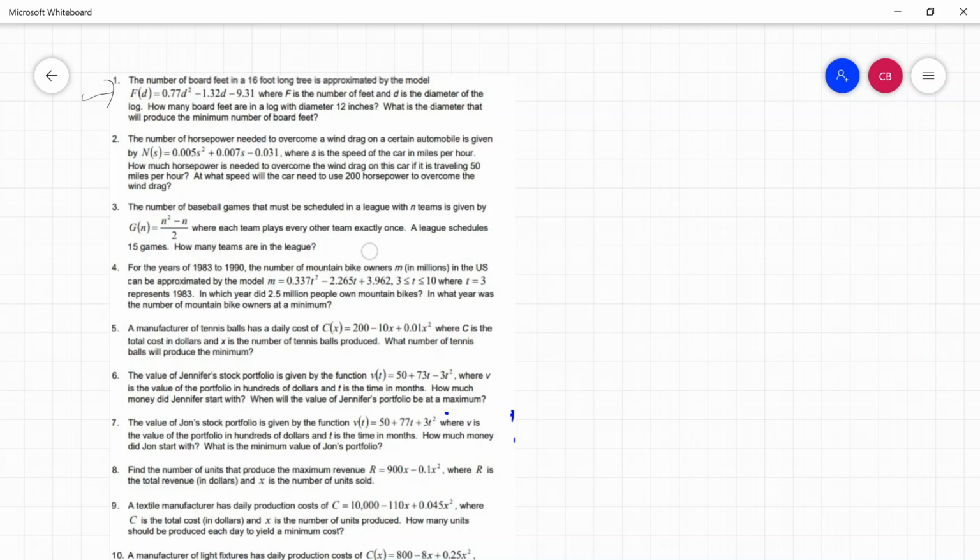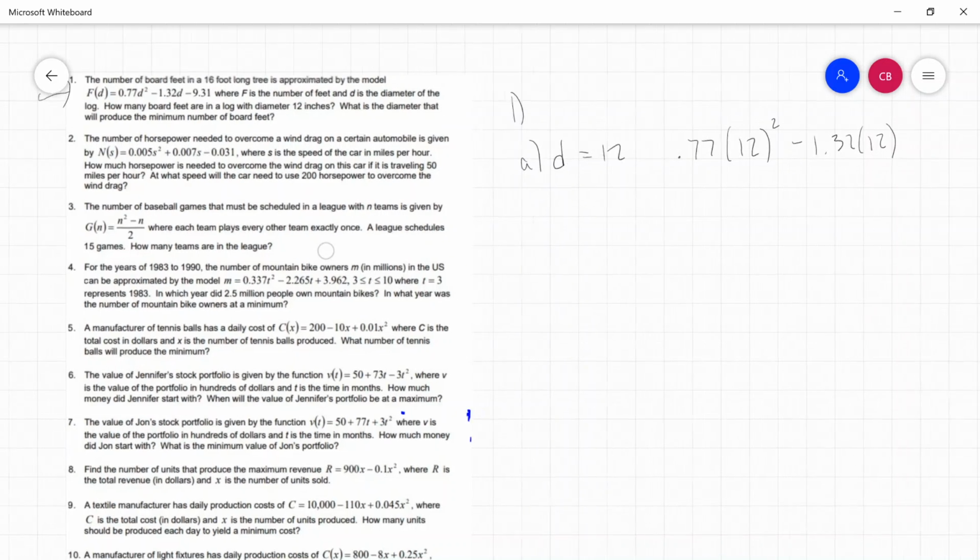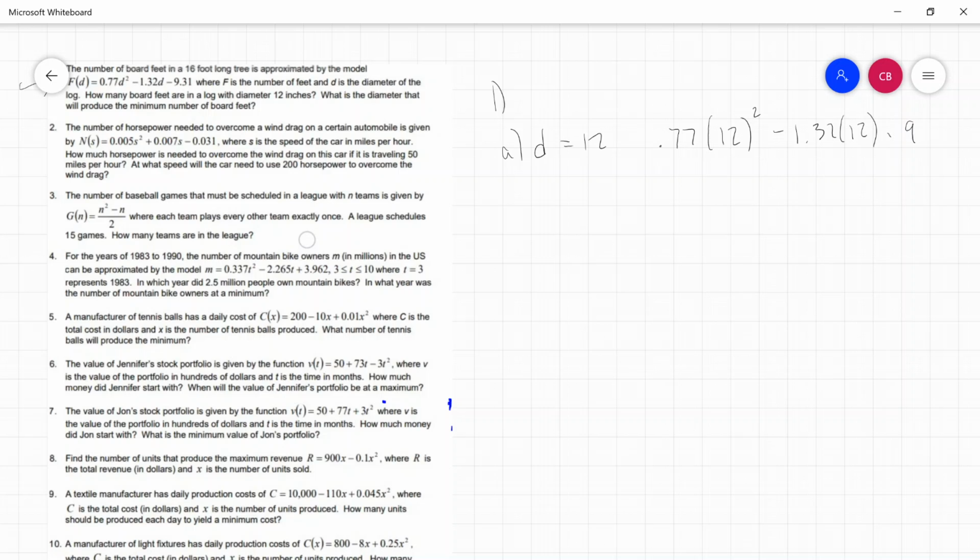And then it says where f is the number of feet and d is the diameter of the log. How many board feet are in a log with a diameter of 12 inches? So it's telling you d is 12 in that case. This is for number one, part A. D equals 12. So obviously we're going to do 0.77 times 12 squared minus 1.32 times 12 minus 9.31.